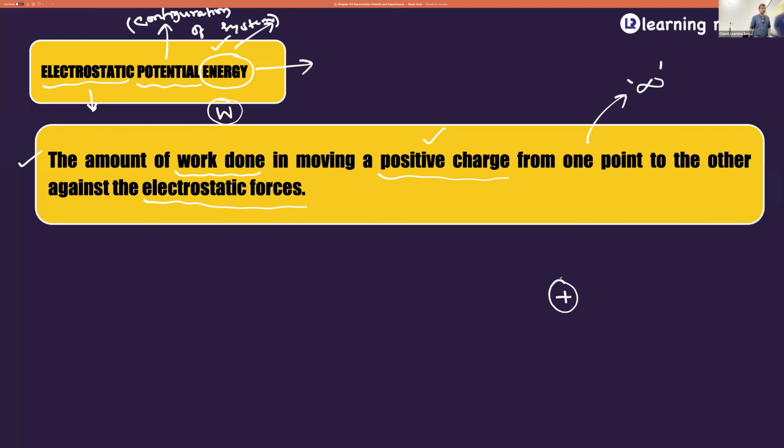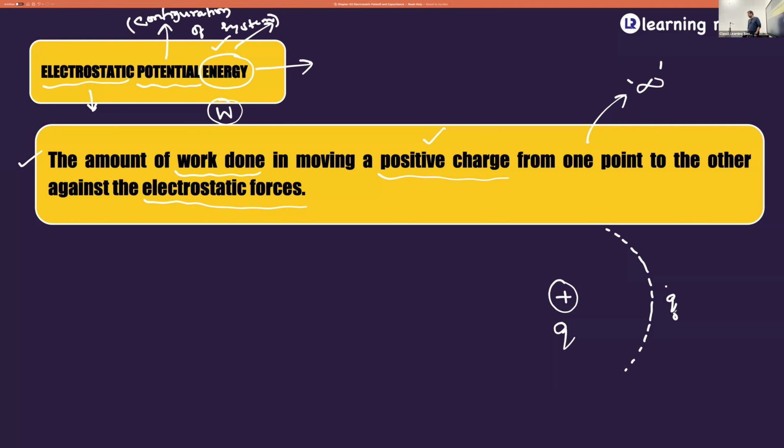So let's visualize how this actually looks. If I take the source charge to be positive, let's take this boundary to be infinity. And let's say there is a test charge which is placed at infinity, outside the electrostatic field, right? Now, this charge does not create any influence.